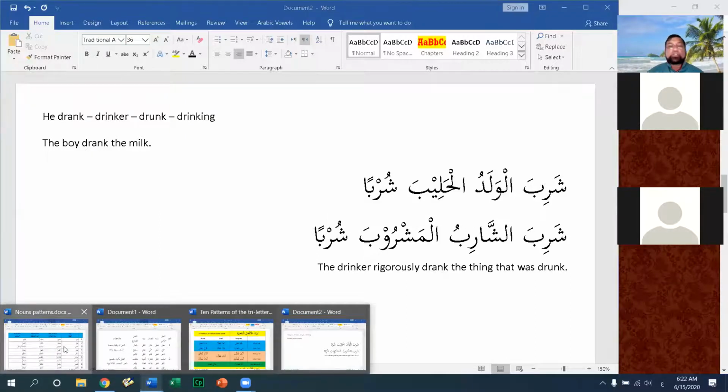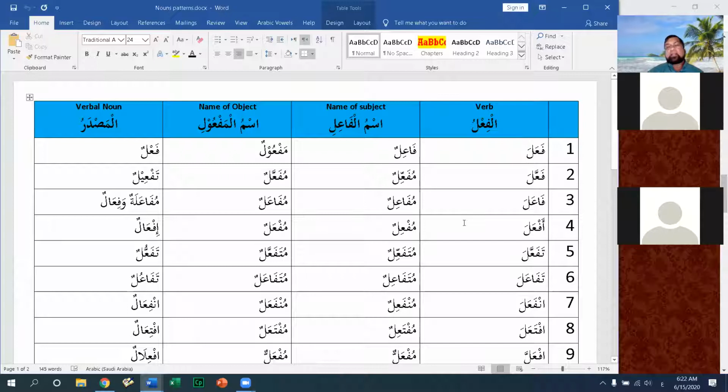So we'll go ahead and show you the patterns and then use examples, inshallah. So fa'ala, the first pattern: the fa'il is on the pattern of fa'il. So we'll say ismul fa'il fa'ilun. The name of the subject, ismul fa'il, is on the pattern of fa'il.